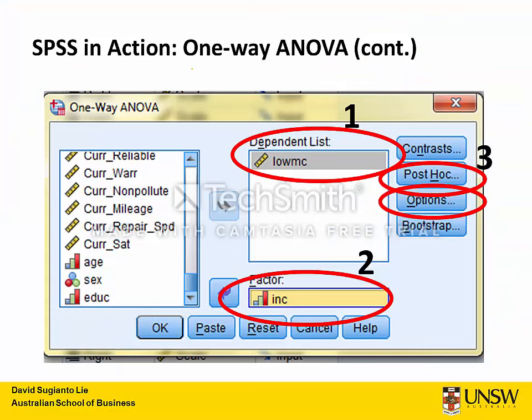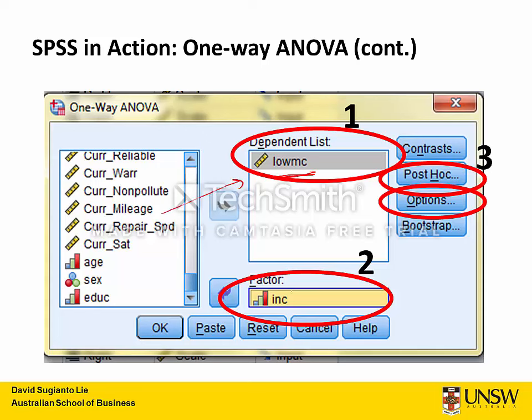Now, we have to choose low maintenance cost, because that's what we're going to analyze. Remember, it's low maintenance cost, instead of current satisfaction about maintenance cost. There are two different types of data in here, so just be careful. Drag low maintenance cost here.